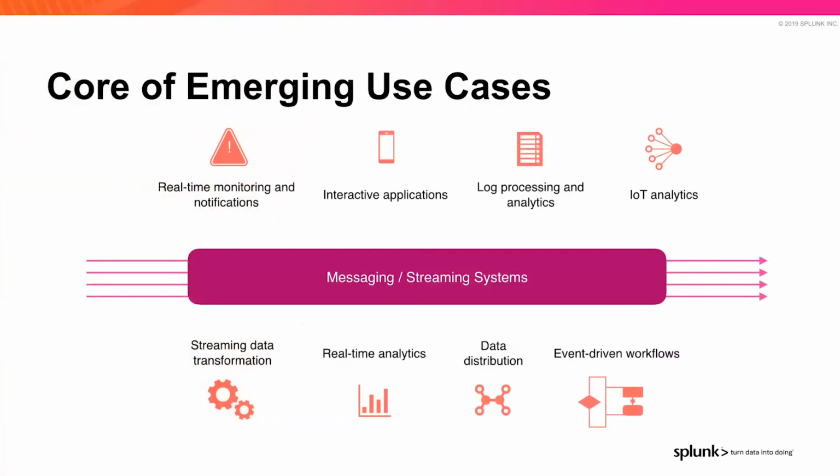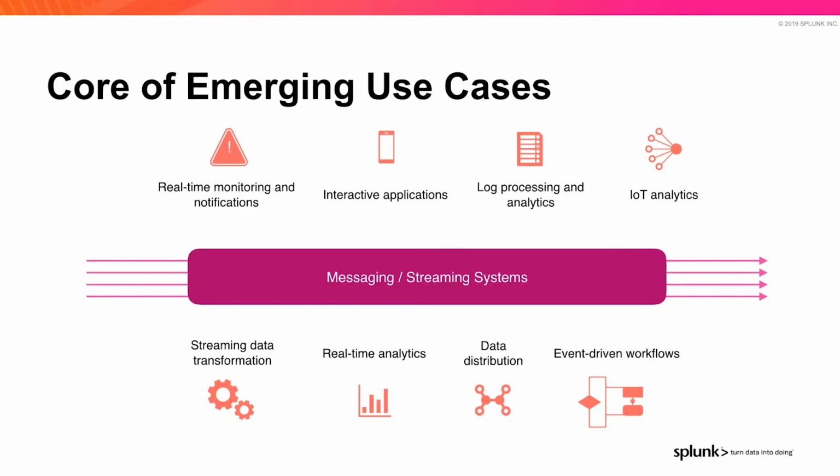So when we are at Splunk, we saw a lot of emerging use cases that include several applications. One is real-time monitoring and notifications. The second one is interactive applications, where you get the logs from interactive applications and decide what feature to keep on and what feature to turn off, based on certain regions and other things.